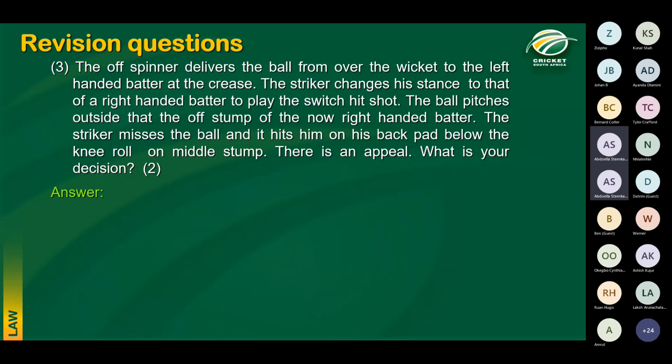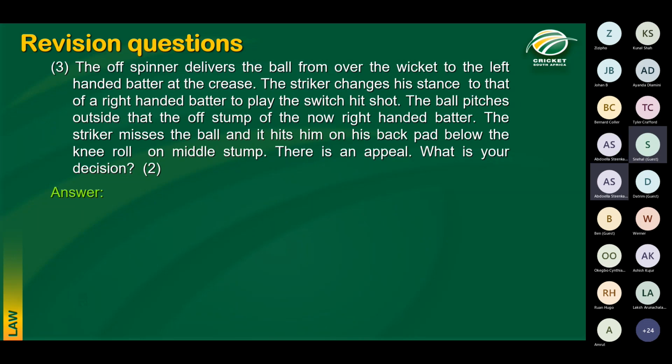There's this huge appeal. Now you first need to answer the appeal. So what is your answer to the appeal? And whether it's either out or not out, and then give me a reason why you say out or not out. So what is the answer to the appeal? The answer to the appeal would be not out. The reason being, the striker was a left-handed batter.